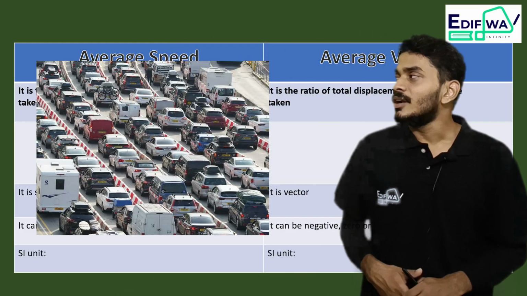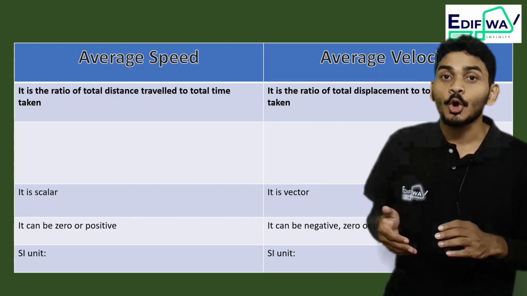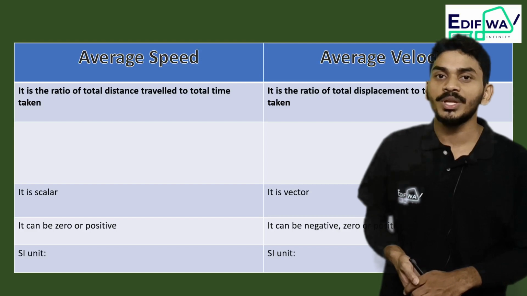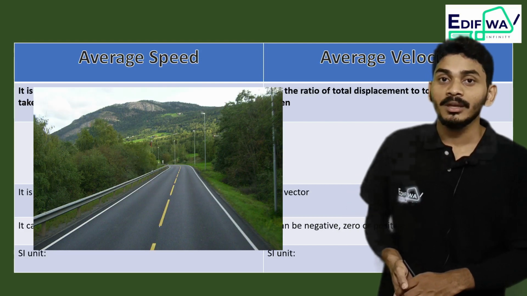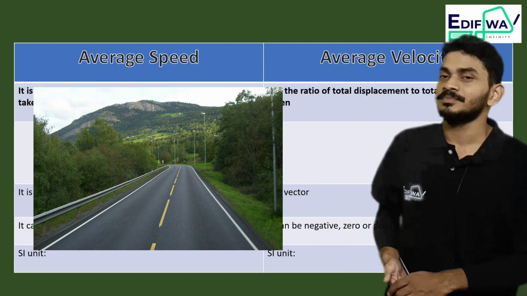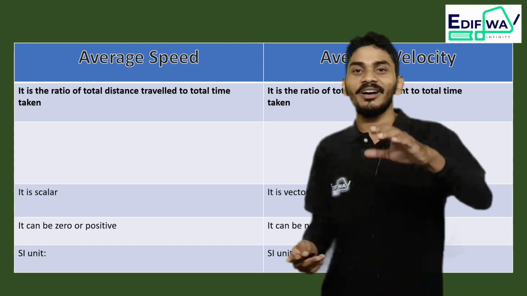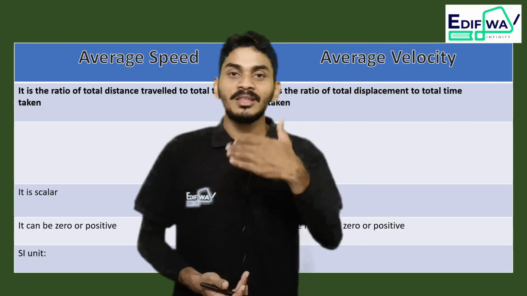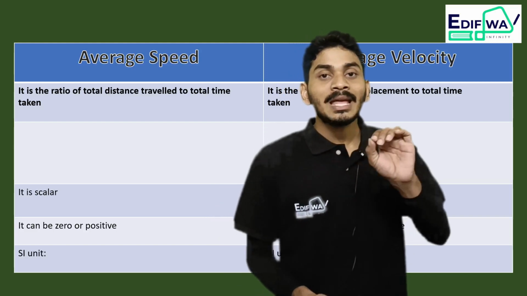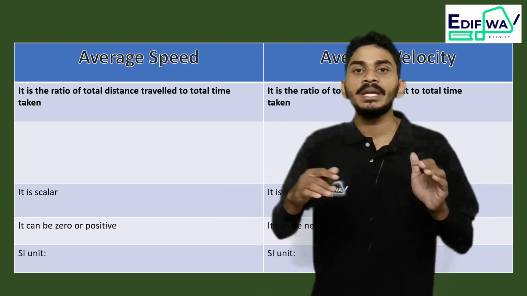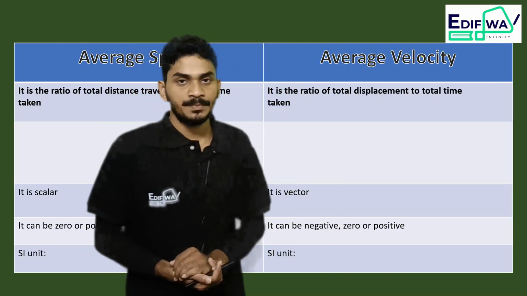There can be traffic situations, and also the path through which the body is moving may not be smooth. It may have some cracks. So the speed of the body will be varying. In that situation, we will be considering an average speed or an average velocity.